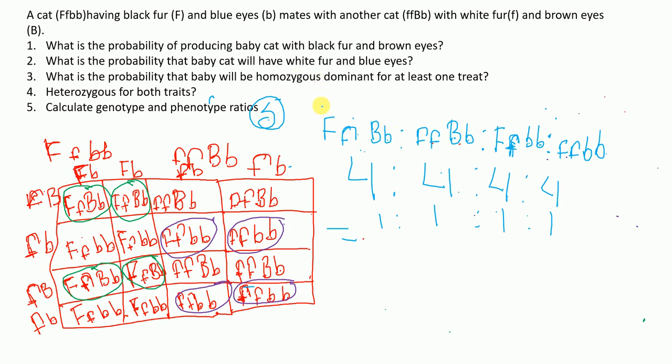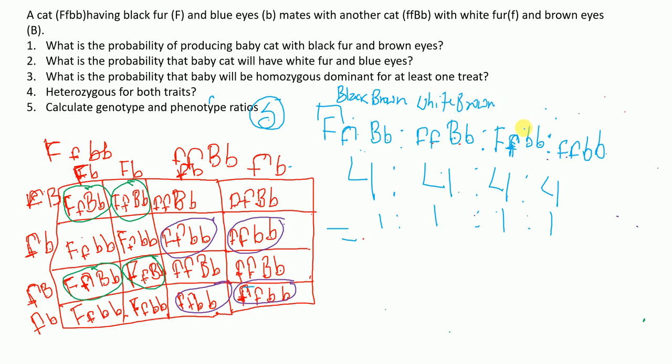So for this, capital F, small f will be black fur, and capital B, small b will be brown eyes. So this is black fur and brown eyes, and this small f, small f will be white fur with brown eyes.